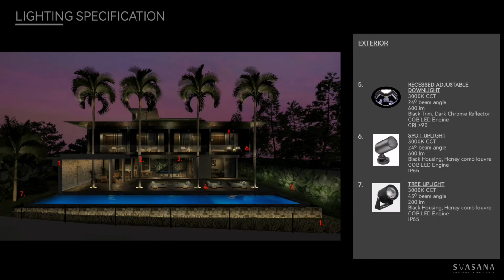And then number five, for the balcony, we also use a narrow beam downlight, so it will not create a glary effect. And then number six, the spot lighting for the facade. And number seven is the uplight for the greeneries and the wall, a small voltage lighting.